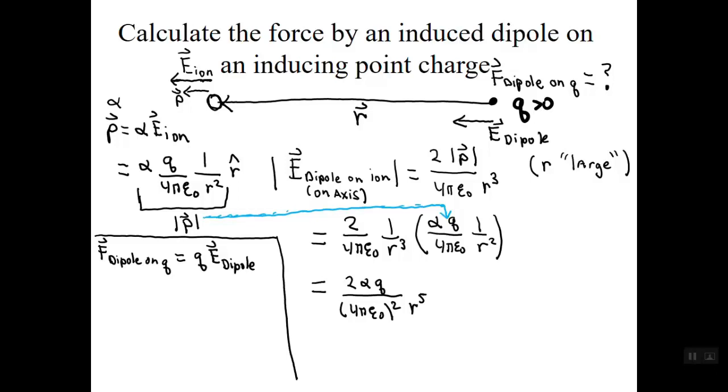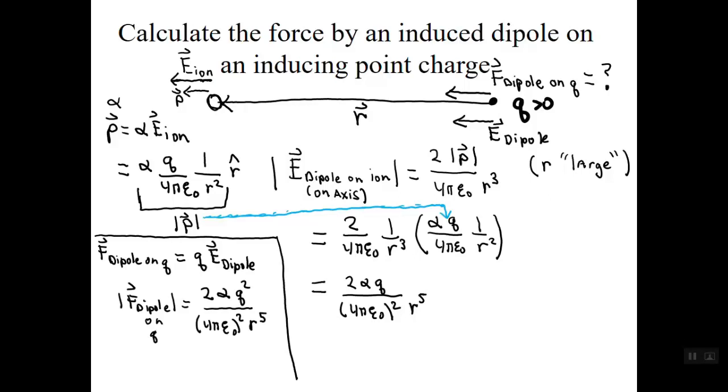Since Q is positive, the direction of the force of the dipole on Q has to be in the same direction as the electric field of the dipole acting at Q. And now we can write down the magnitude of the dipole's electric force on Q as the product of the magnitude of Q times the magnitude of the dipole electric field, like this.